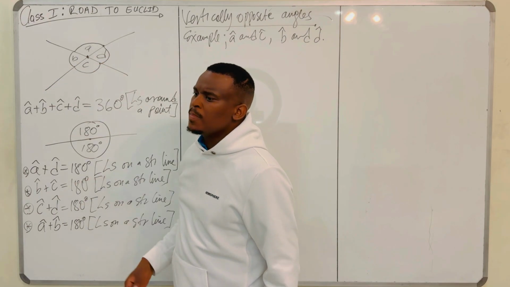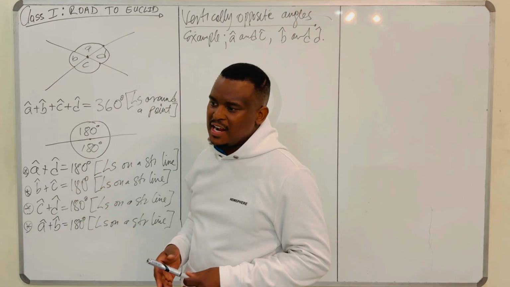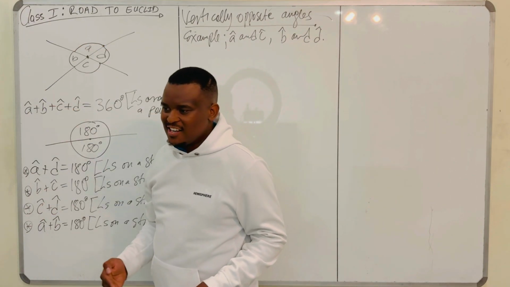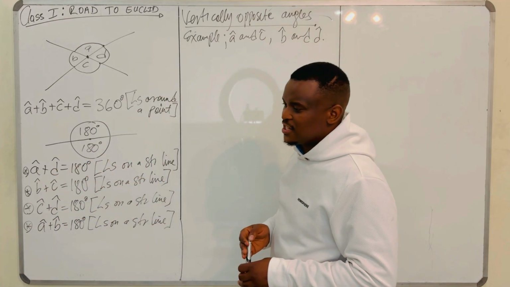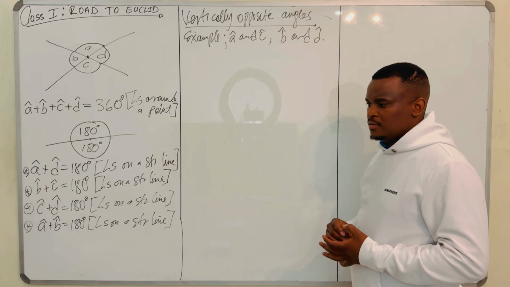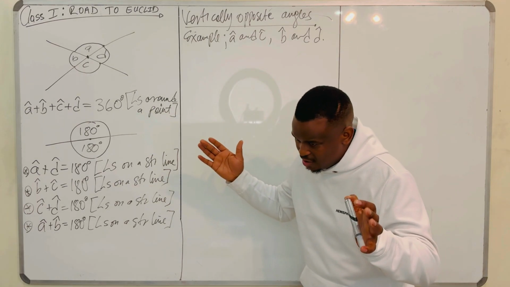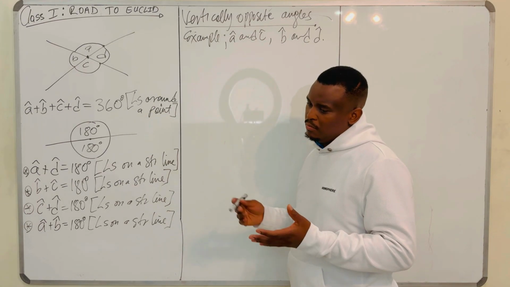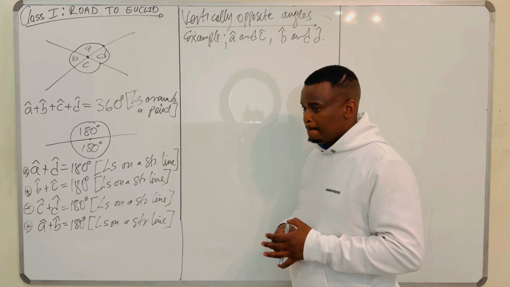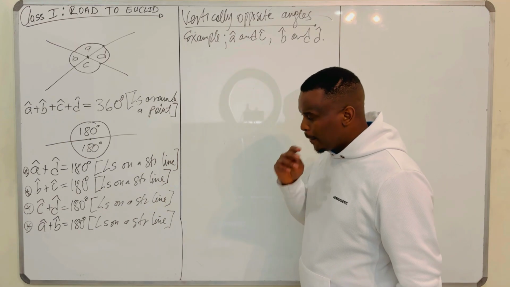So they are still called vertically opposite angles. We won't say horizontal opposite angles. They are just called vertically opposite angles for simplicity. Even though they are horizontal or slanted, they are still called the same name.